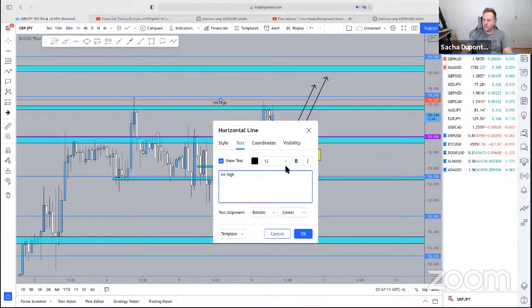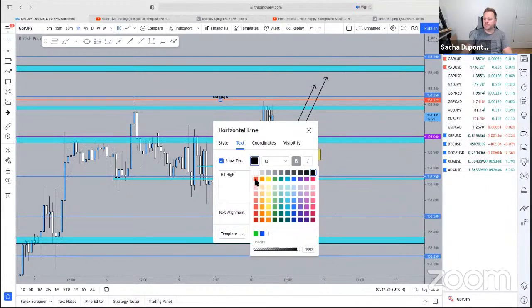Go like this. Bottom, center, top. Like this. Yeah. Should I put it red, the same color as the line? Yeah, no, black.